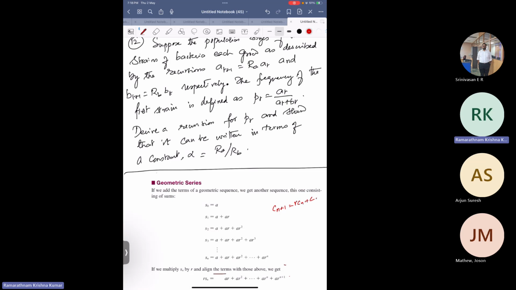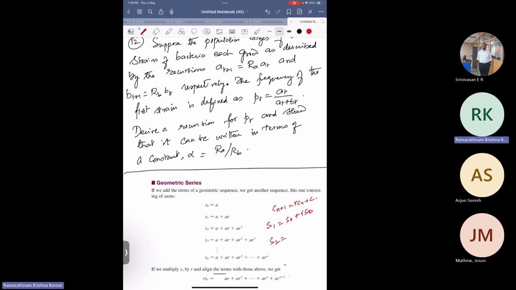R is equal to 0.3. So does it fit into this equation? Let us see this. Let us write S1. S1 is equal to A is S naught, S naught plus R into S naught. Right?